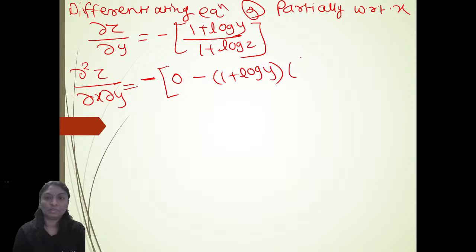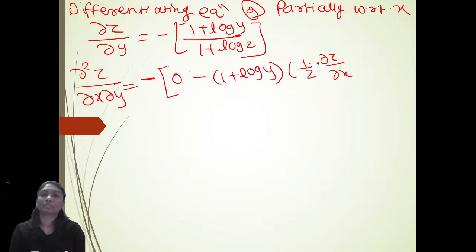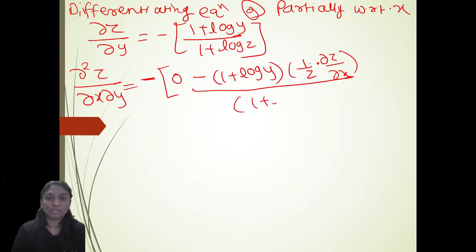So derivative of 1 plus log z, first differentiating with respect to z, into ∂z by ∂x, right? 1 by z into ∂z by ∂x, upon v square. So (1 plus log z) bracket square.